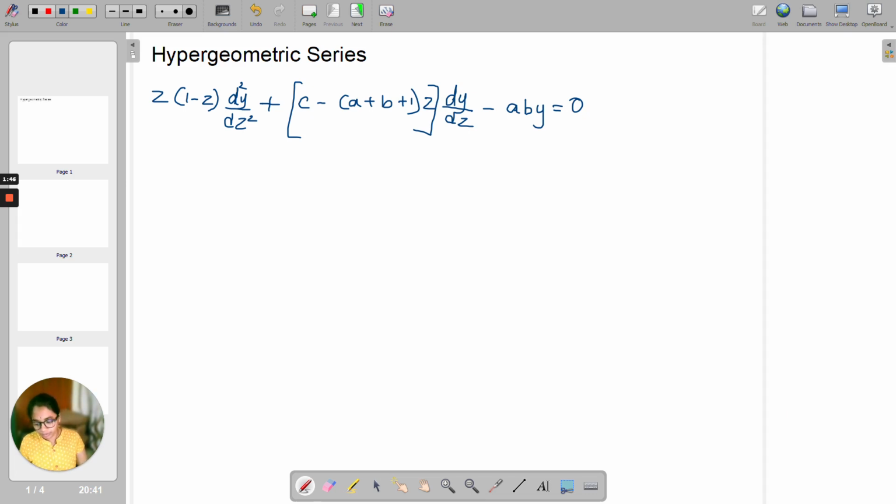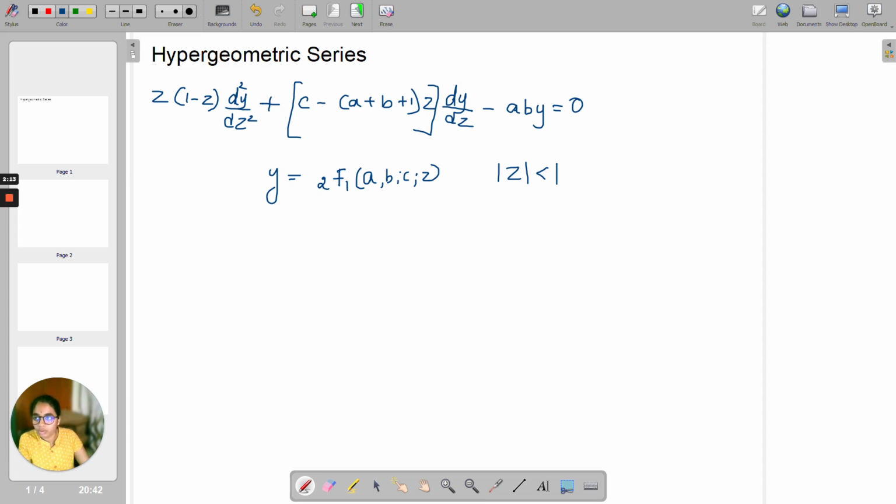This is called the hypergeometric equation. So the hypergeometric function, that is y, is equal to 2F1 of a, b, c, z. This satisfies the Gauss equation in the region mod z less than 1.